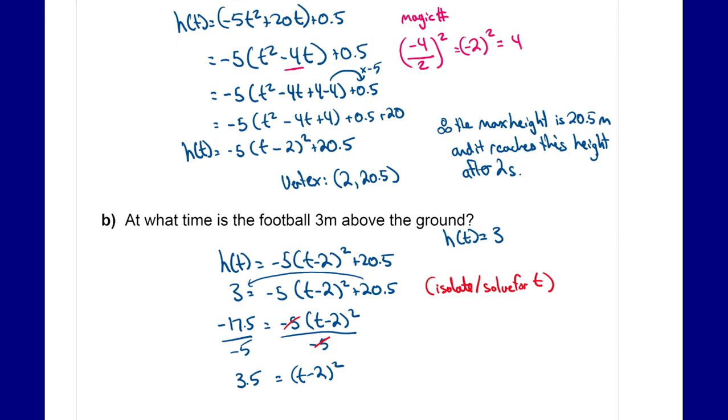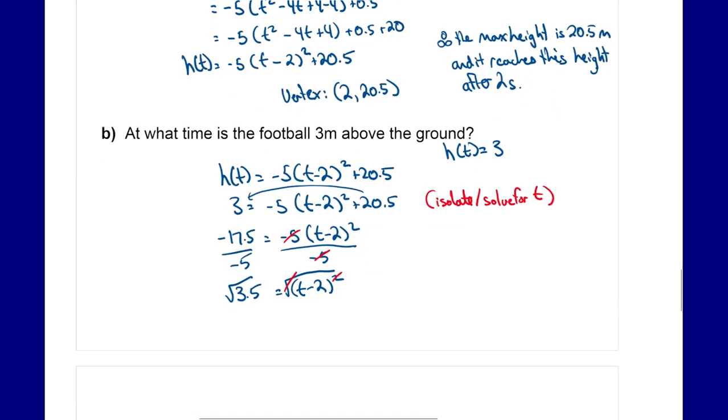To cancel out the squared, I need to square root both sides. And hopefully these steps seem familiar from the last example. When I square root 3.5, I get 1.871 = t - 2. Remembering that when we square root a number, we actually get a positive and a negative version of that. So now this is where I split and look for two solutions.